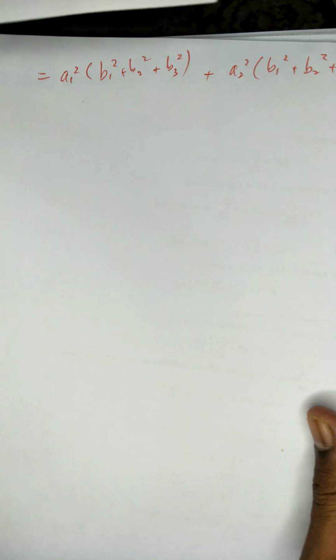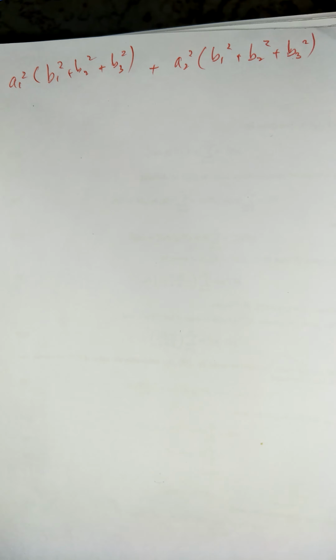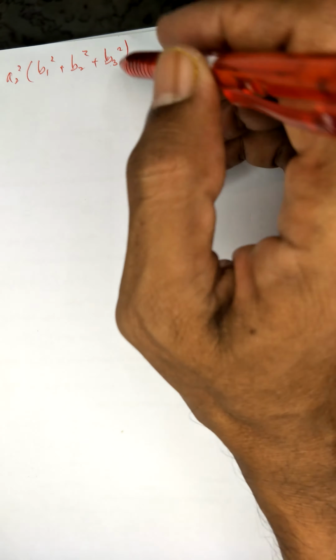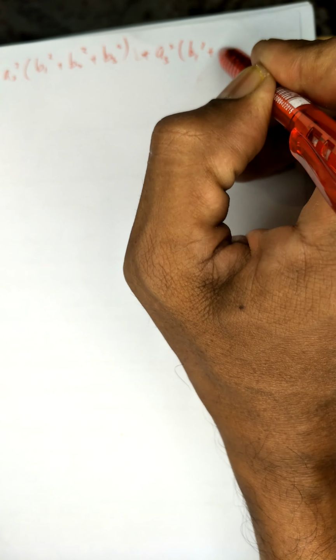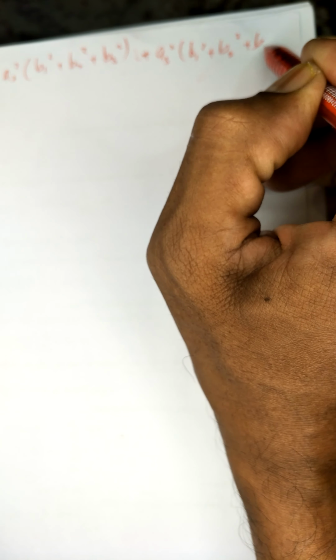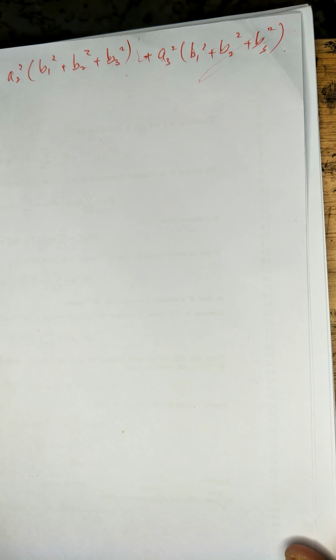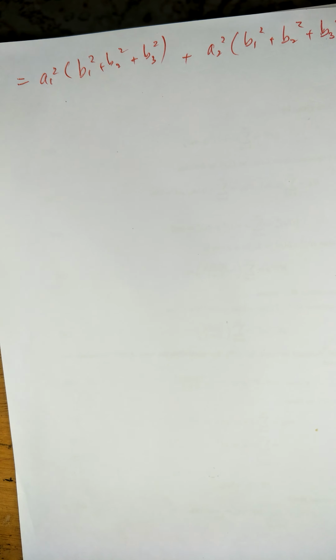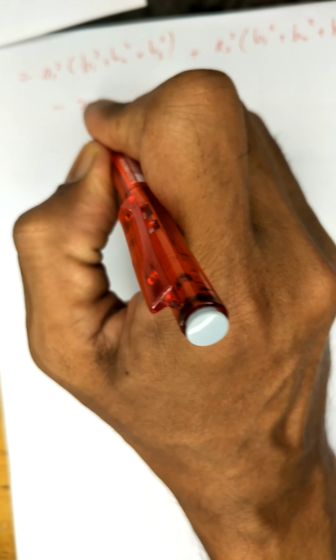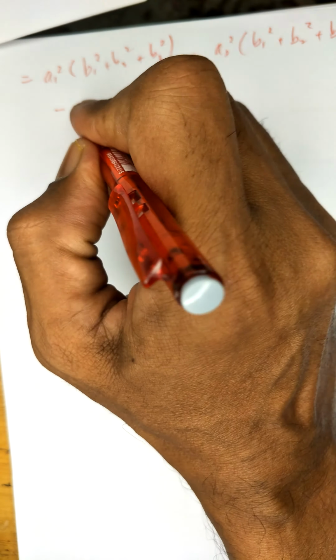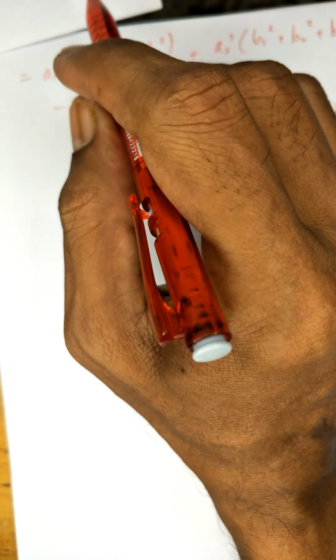Okay, so then this gives us plus a3 squared (b1 squared plus b2 squared plus b3 squared). Yeah, minus, we minus this part here.